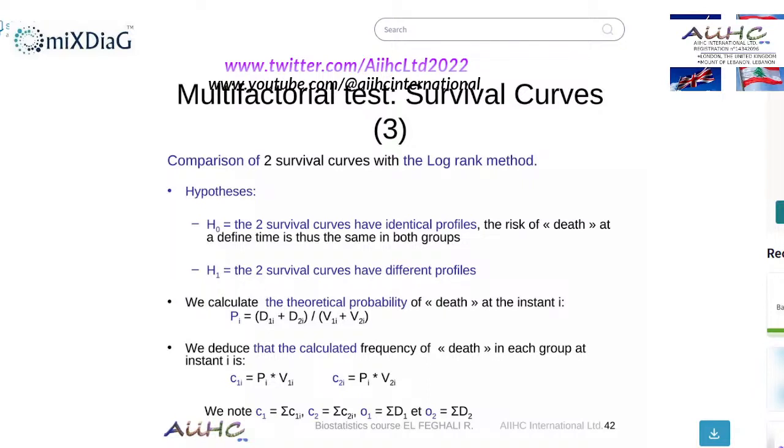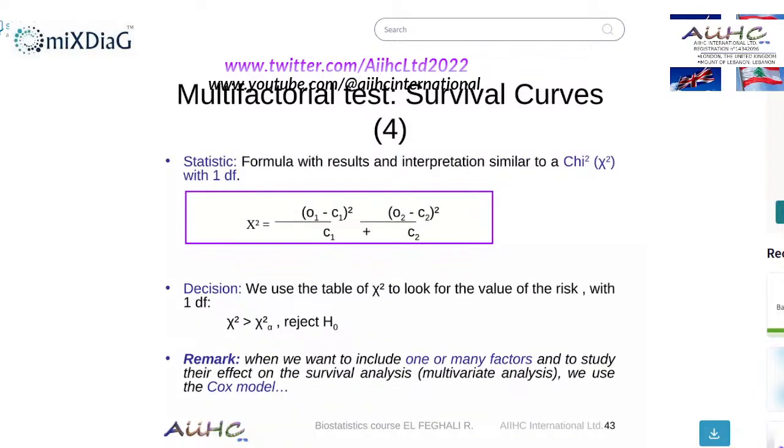Survival curves also, how we calculate, in fact, the probabilities. Here you could see the theoretical probability of deaths at instant I, and how we calculate the frequency of deaths in each group at instant I, and so on. Now, multifactorial tests, survival, also how we perform a chi-square, with 1 degree of freedom, to compare the mortality.